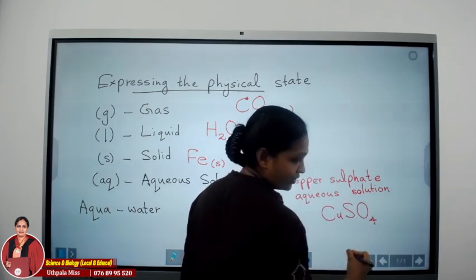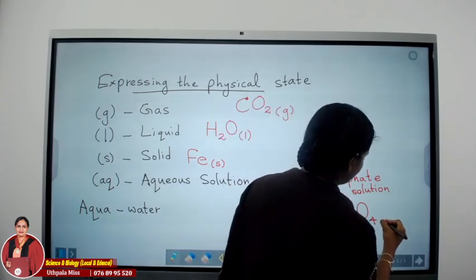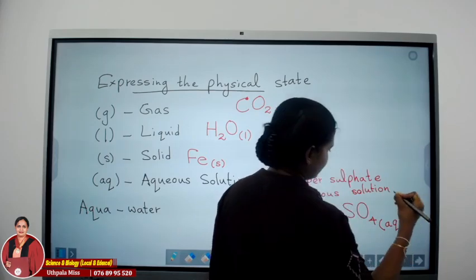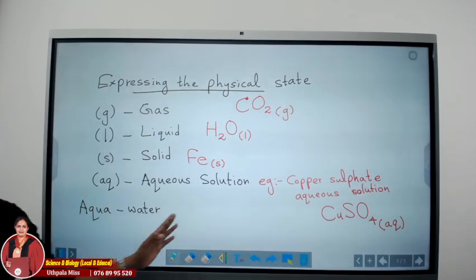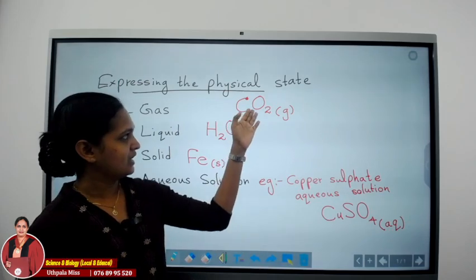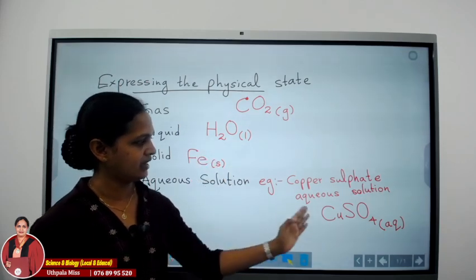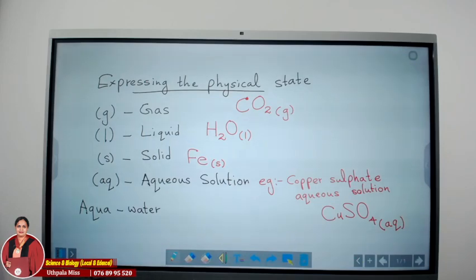Don't worry about this. I just wanted to show how we express the physical state. So here we put simple A, simple Q. Copper sulfate aqueous solution. Once you find these in books, now you know what is expressed. Carbon dioxide gas, H2O liquid, iron solid, copper sulfate aqueous solution. Just note it down and remember.